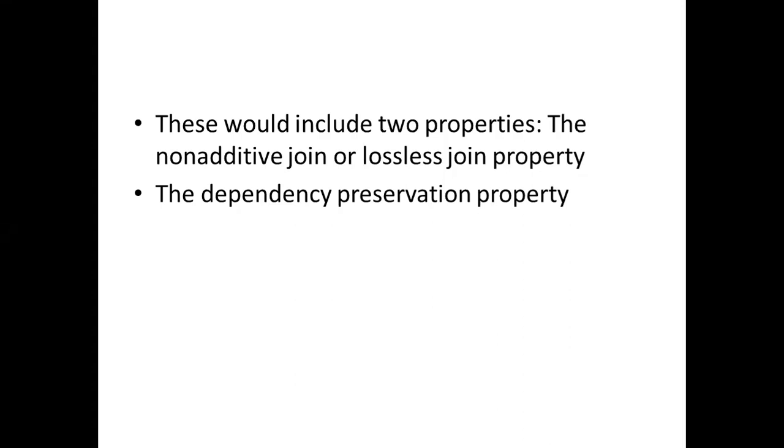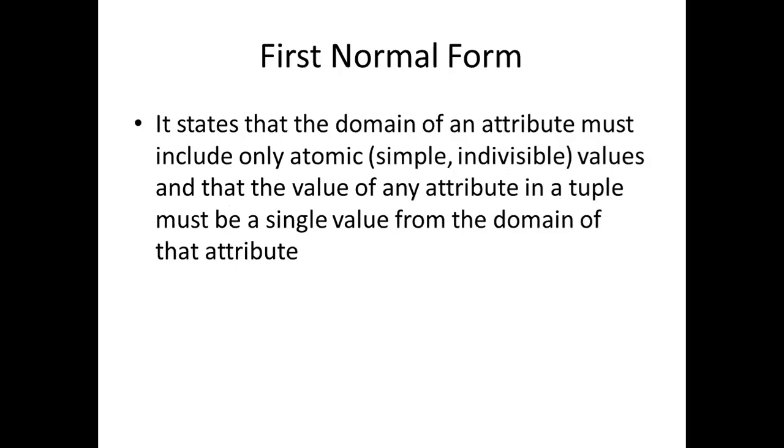We should consider these two things. And the next one is dependency preservation. So whatever normalization we apply on the databases, it should always hold the dependencies. That is, functional dependencies should hold in the database. Based on these things, we have to apply the normal forms for the given database.